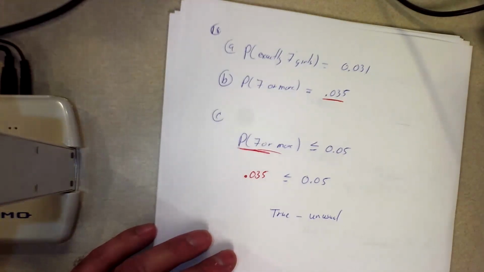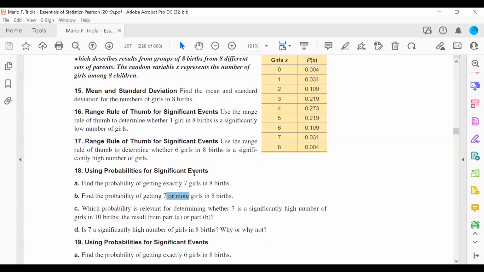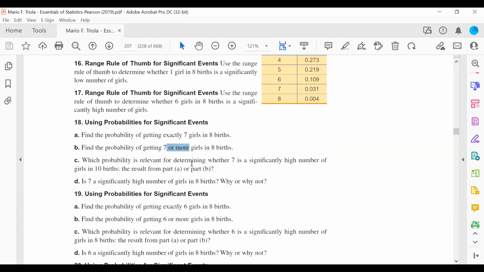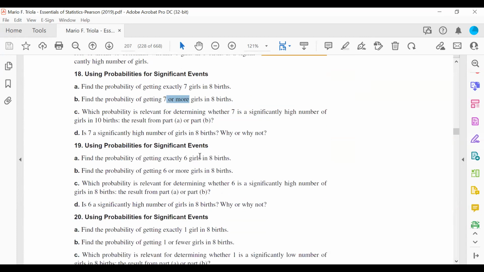Okay, we can do another one. We can do 19, similar. Answer the question based on that table. 19 part A says, find the probability of getting exactly 6 girls.